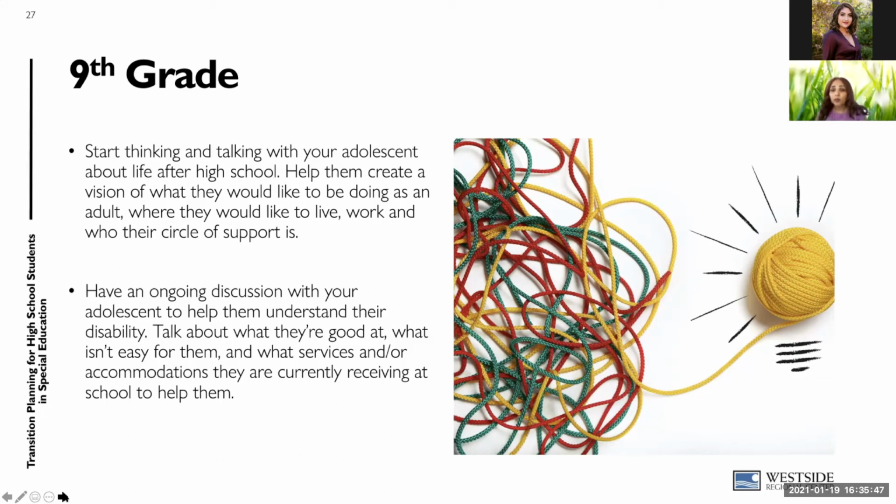That's very important. We want our students to understand themselves before they leave high school, because this is a very important time to get them ready for life after high school and to be able to live independently.